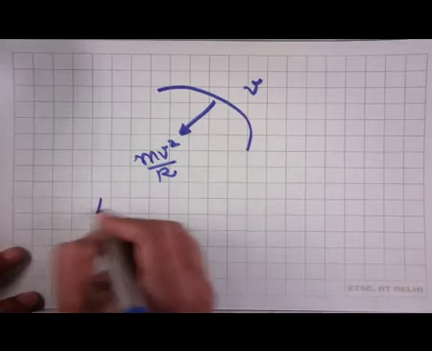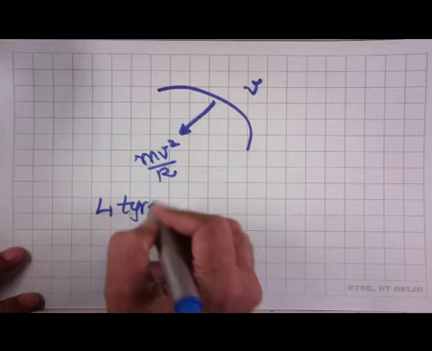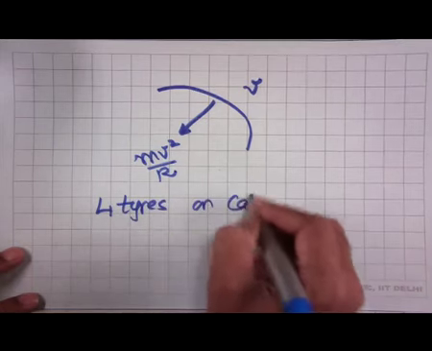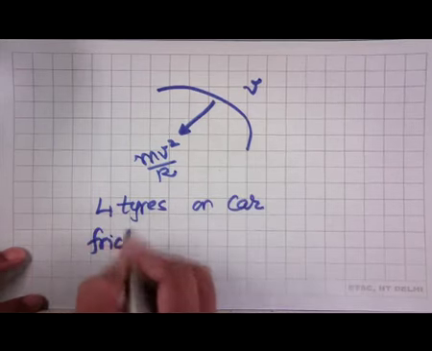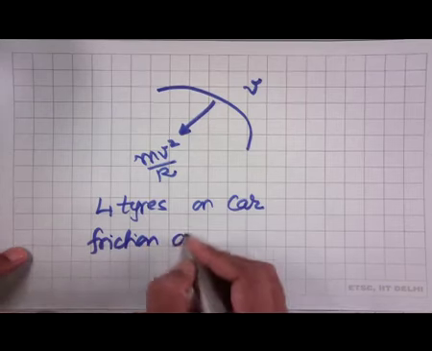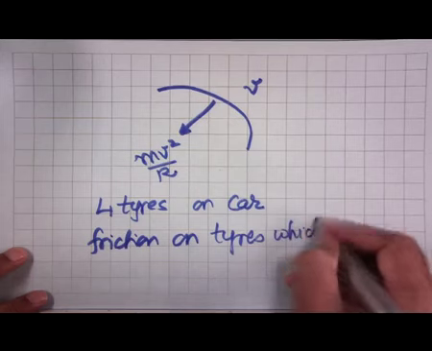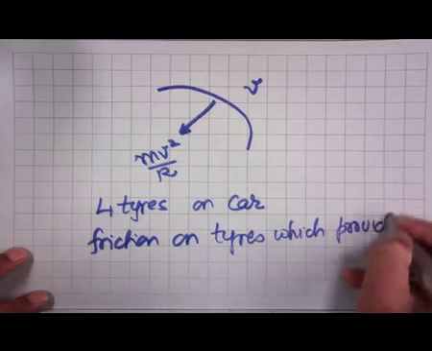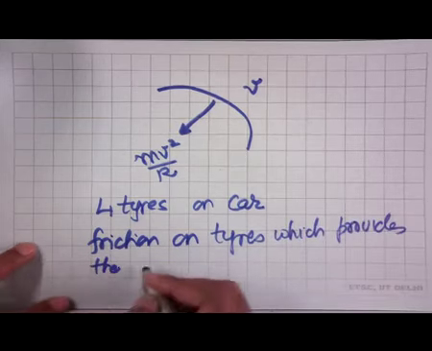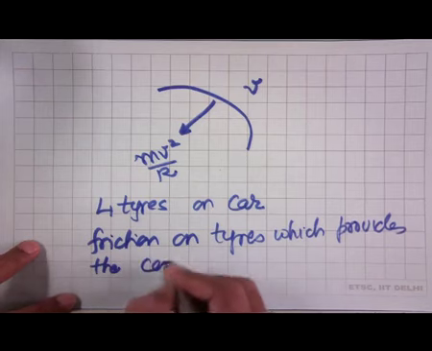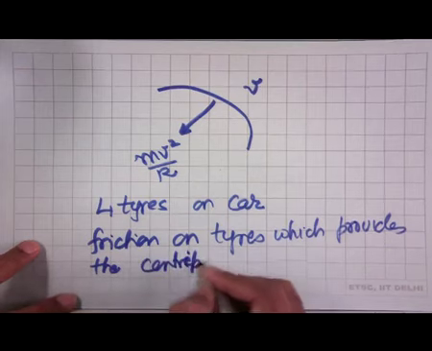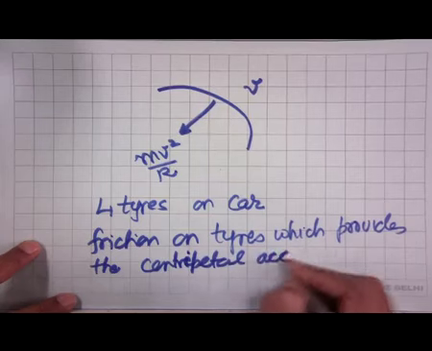Now, suppose there are 4 tires on the car, and the friction on the tires provides the centripetal acceleration.